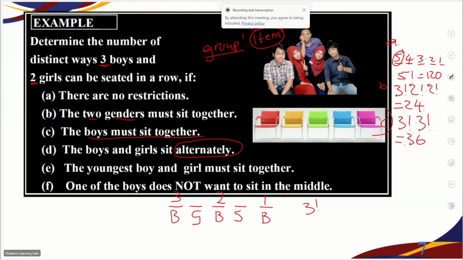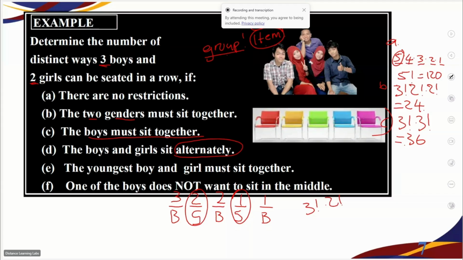And then the girls, we only have 2 girls that will compete for this position, and then the last position would be competed by only 1 girl. Now, if we check the girls as well, it is 2 multiplied by 1, the product of descending natural numbers. Therefore, it would be 2 factorial.